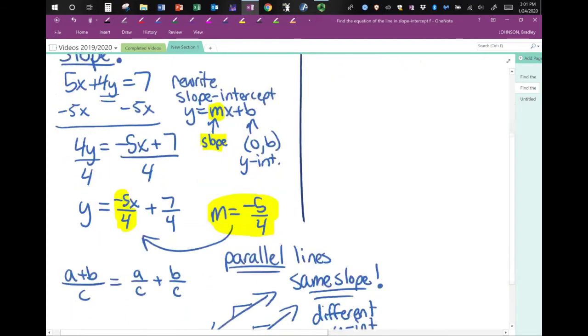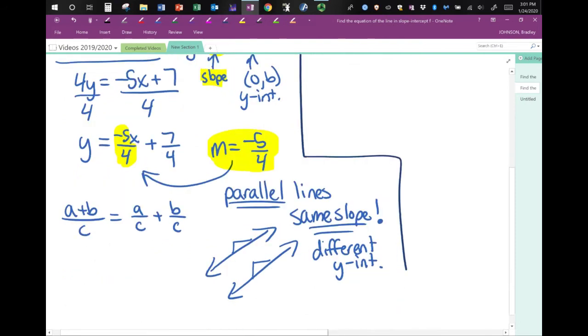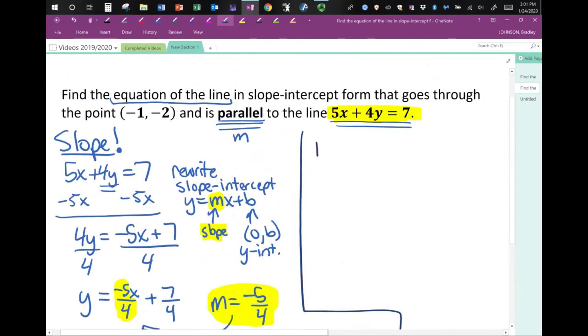So over here, I'm just going to mark this off. That was our side work to get our slope of -5/4, and that is true because we're having parallel lines.